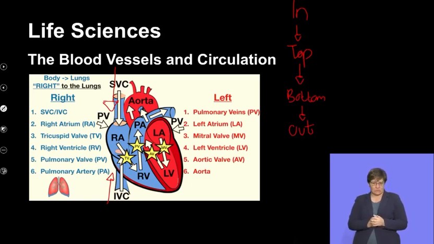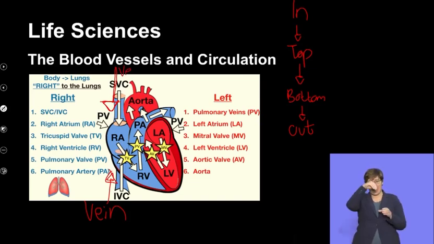So when we look at the blood vessels and circulation, you need to understand that anything that comes into the heart, we are going to call a vein. So it's not about what it carries. Any kind of blood vessel, if it comes into the heart, it's going to be a vein.